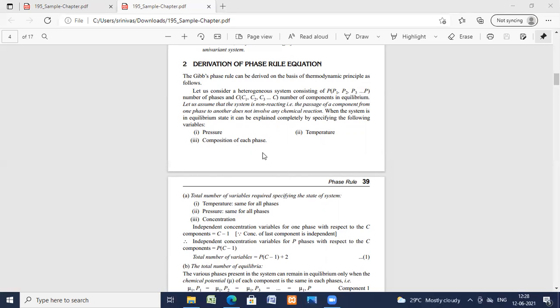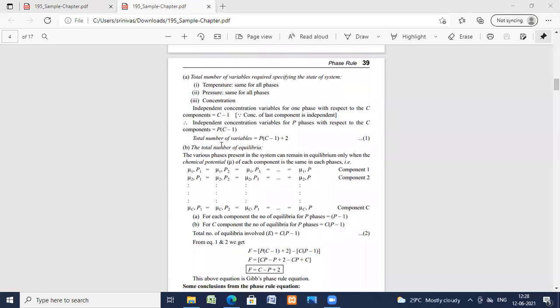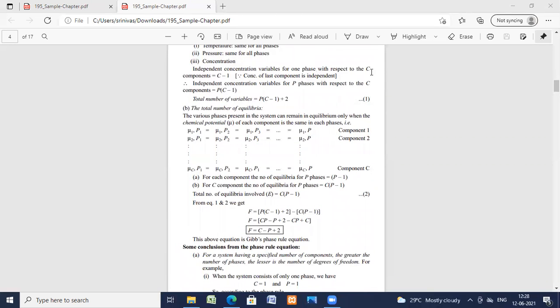So the total number of variables specifying the state of the system is temperature, which is the same for all phases, pressure, the same for all phases, and concentration. Independent concentration variables for one phase with respect to C components is C minus 1, because the concentration of the last component is not independent.